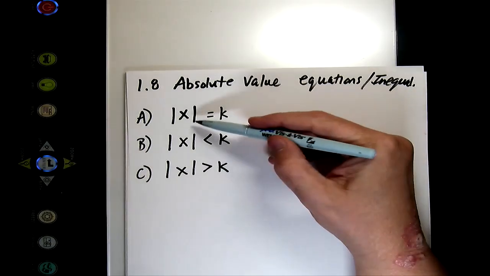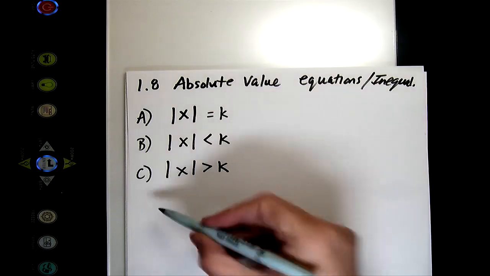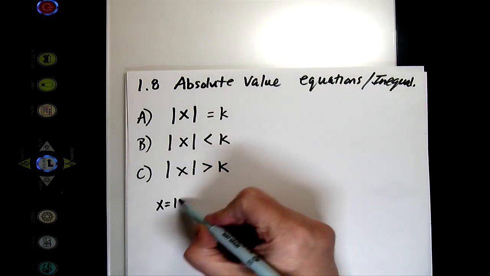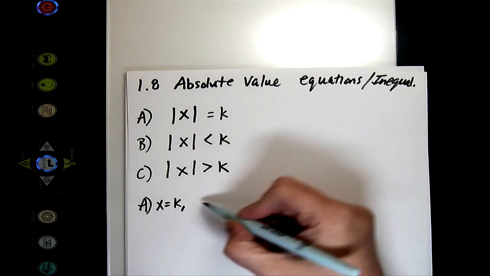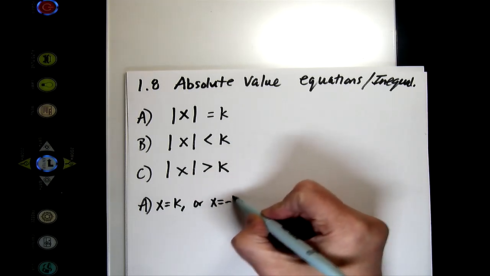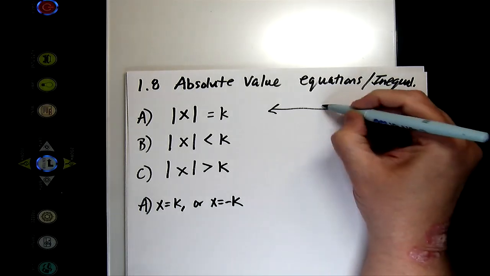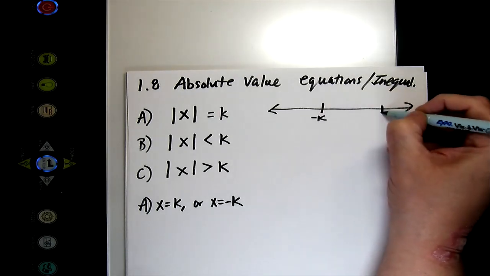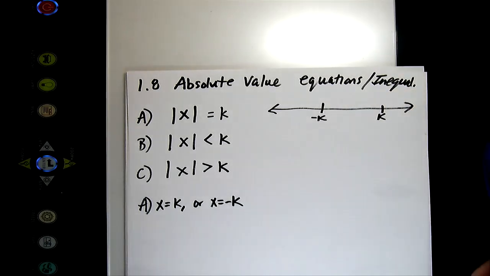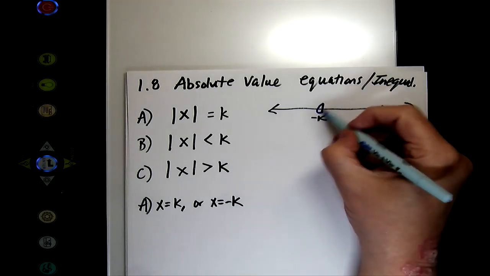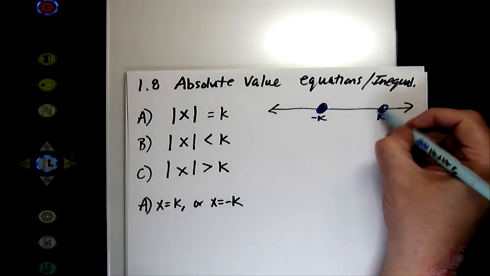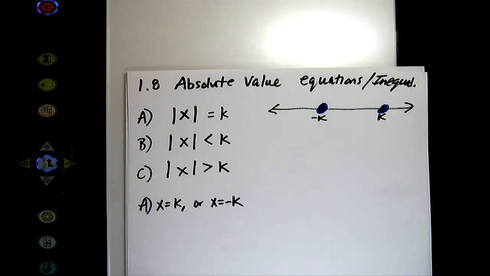With absolute value equals k, I can say x can equal k, or x can equal negative k. So on a number line, I just got 2 points for this top one, and there's nothing between them. Those are the two values.